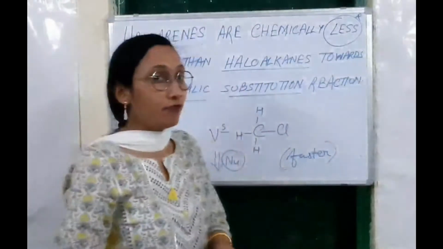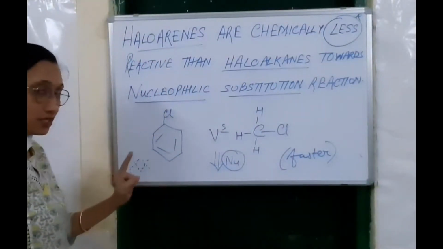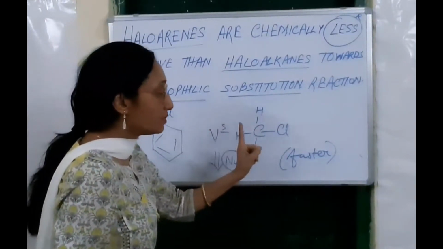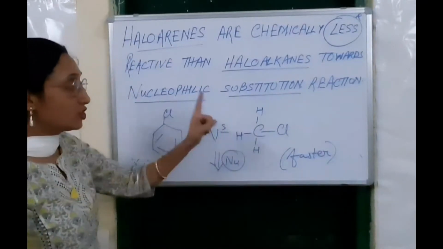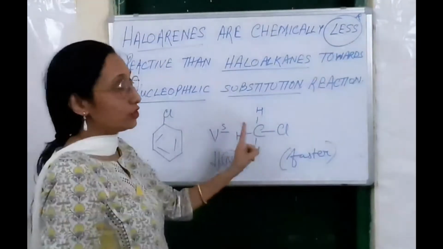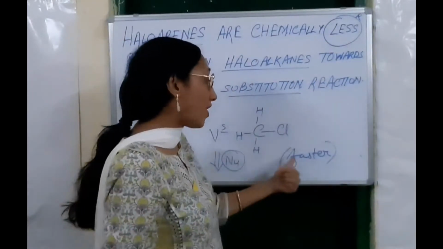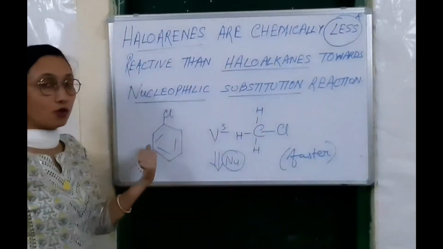That means if we compare the reactivity rate of chlorobenzene and methyl chloride, then it is the methyl chloride which will undergo nucleophilic substitution reaction faster than that of chlorobenzene.